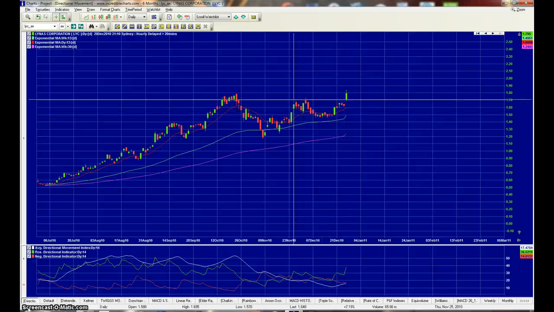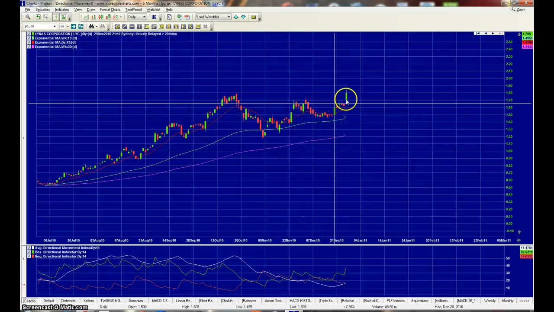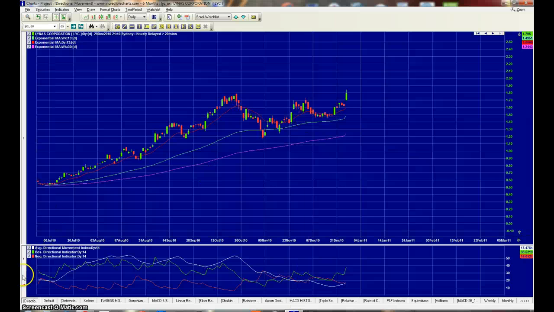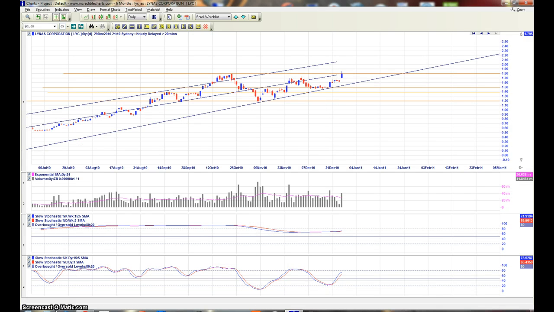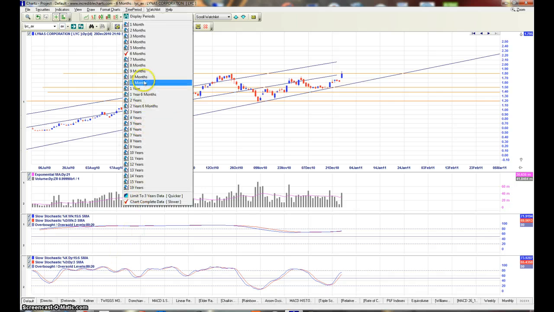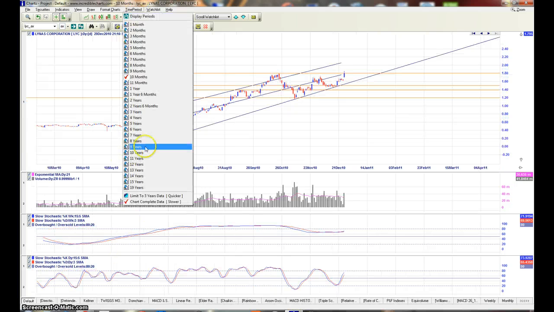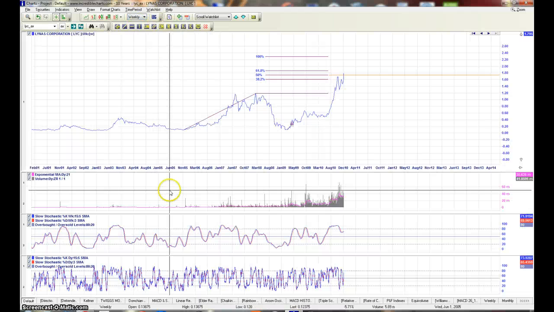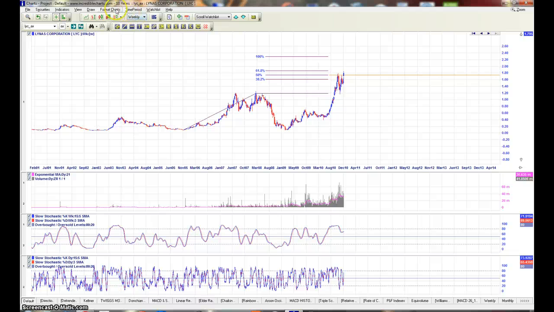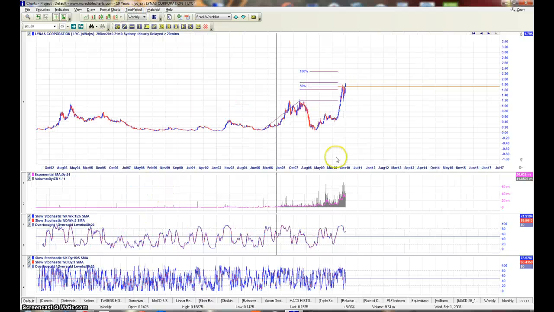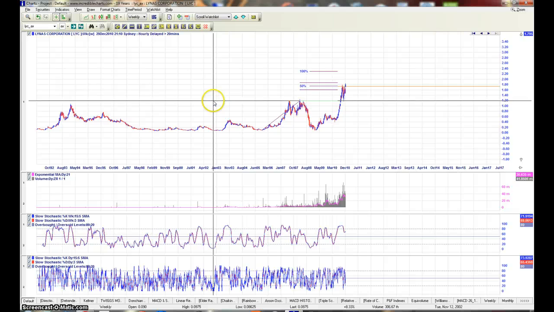I have to research the stock properly though before I took it. But let's have a look at what that's showing there: it's busted that all-time high of $1.20.